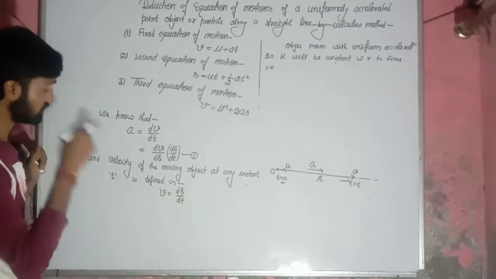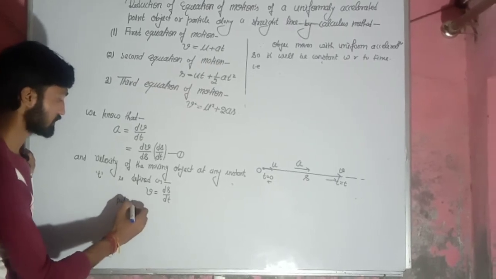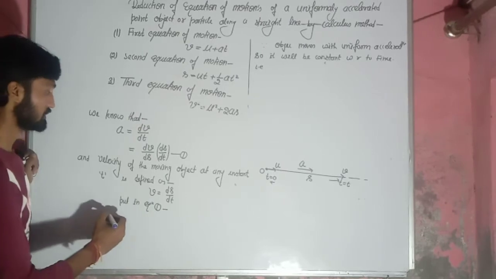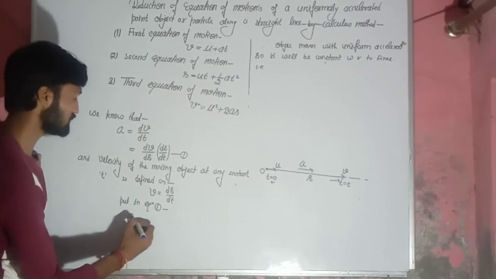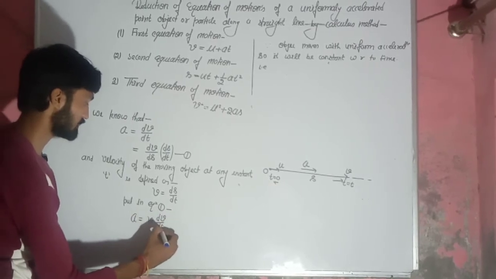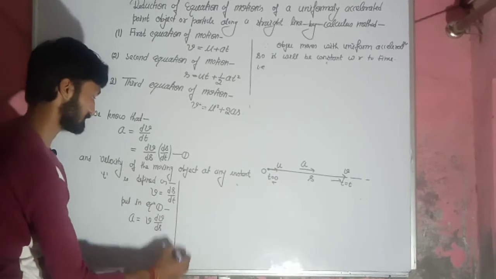So we can put this value in equation first. Then we get a equals v dv by ds.